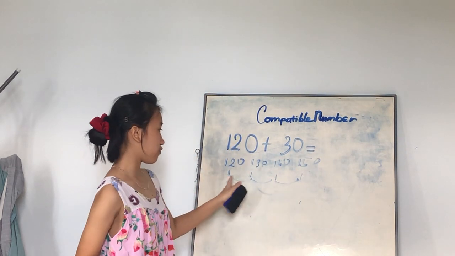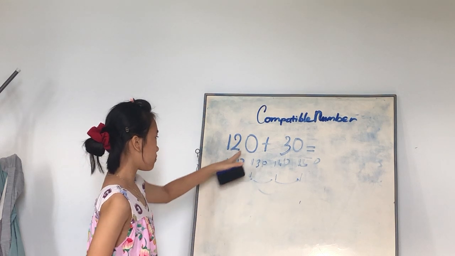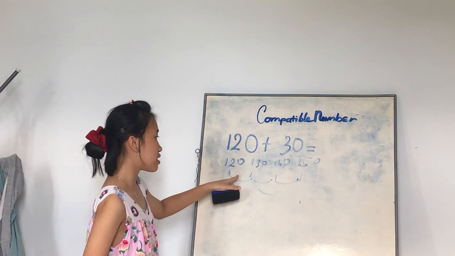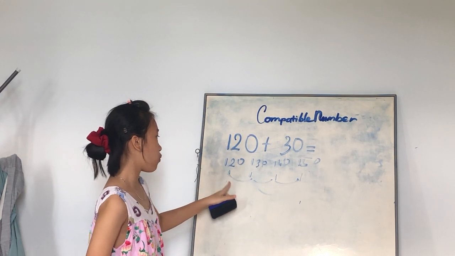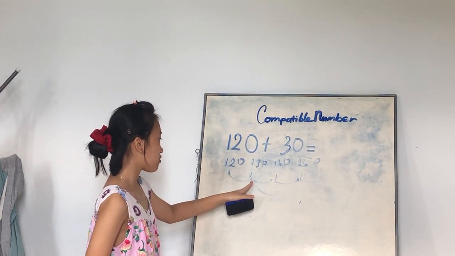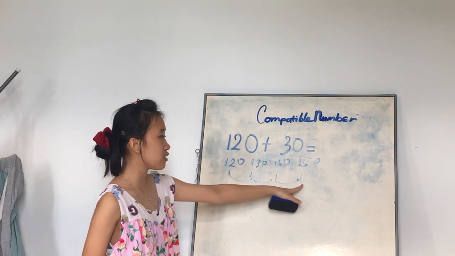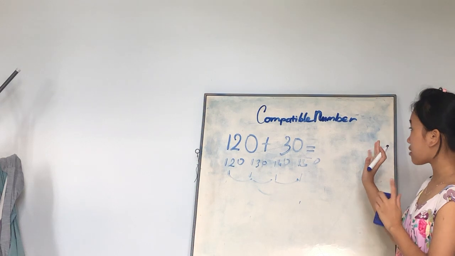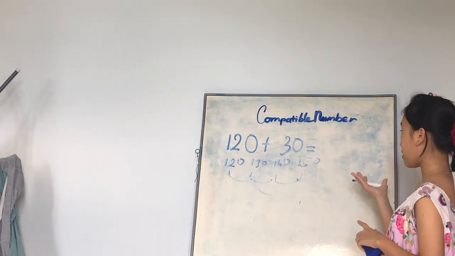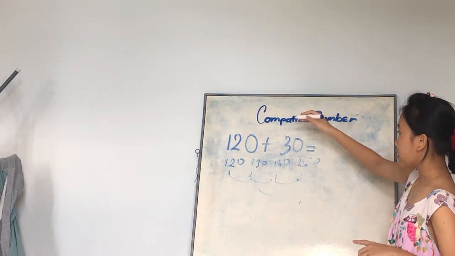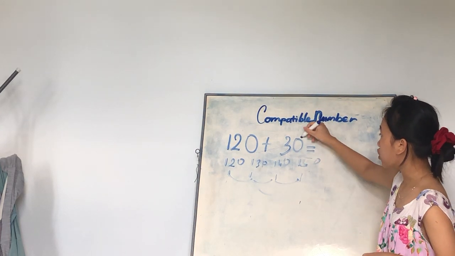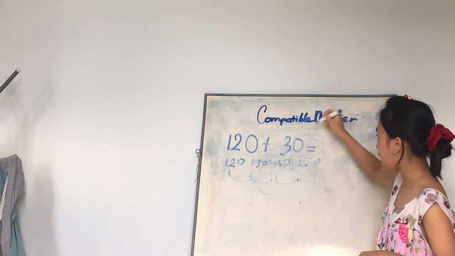When we add 3 more tens, which means we add 30, from 120 we go to 130, 140, and 150. That is how we solve the problem with compatible numbers: we break it down into the compatible number. With this example, we break it down into 10.